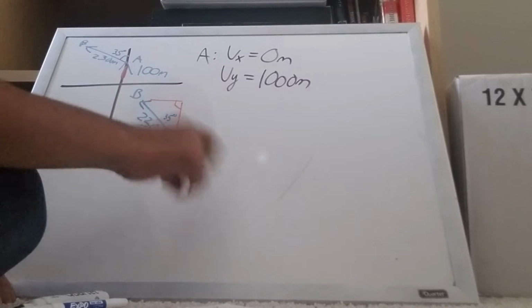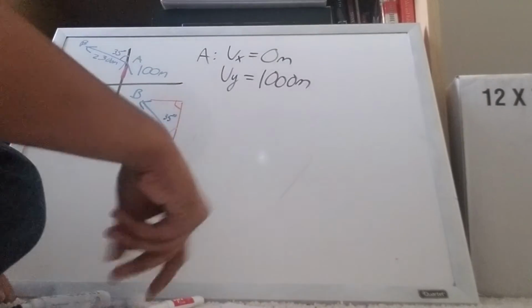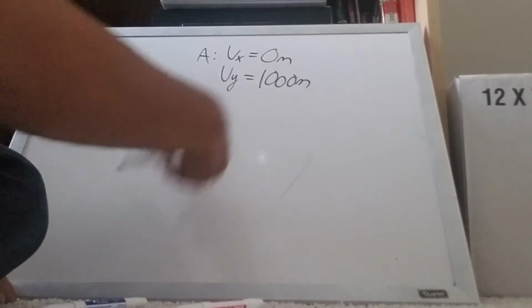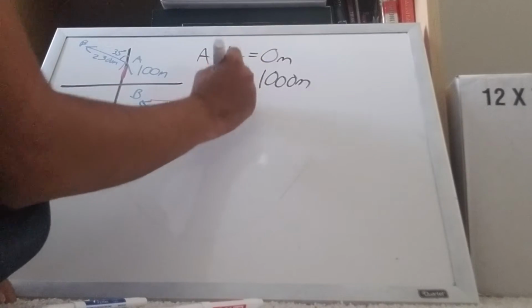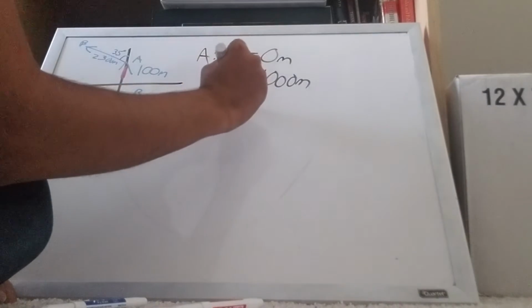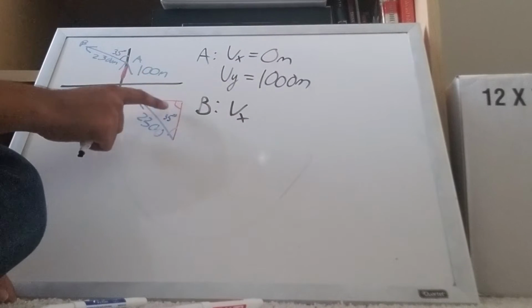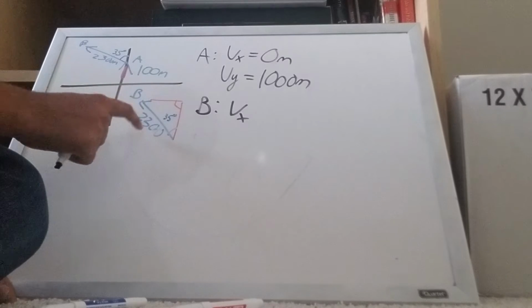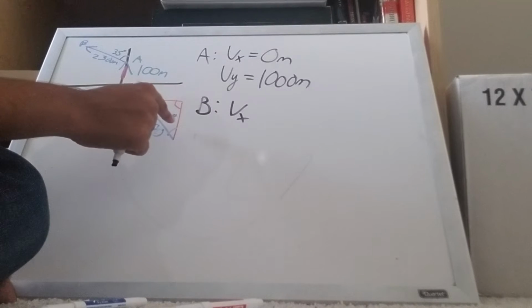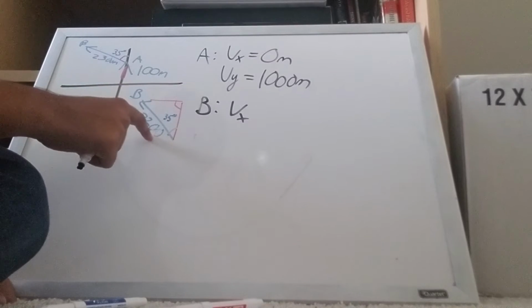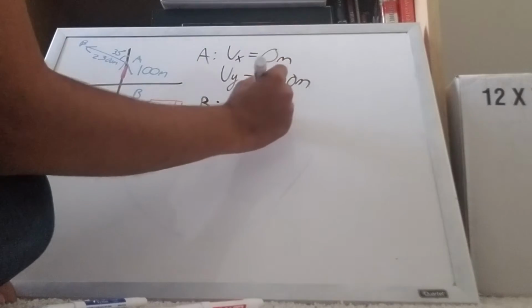So let's do 2,300. We're going to say B. We're going to have Vx be equal to this vector here. And we're going to use trigonometry there so we can see 35 degrees is opposite from what we want, and the hypotenuse is known, so we're going to use sine.